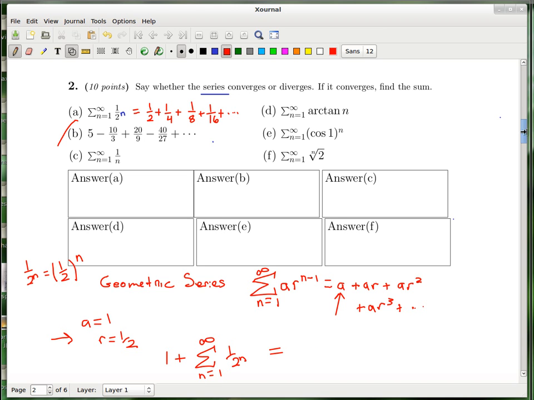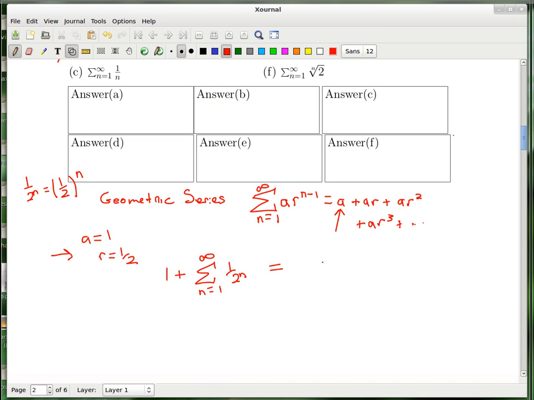This is the same thing as the sum n equals 1 to infinity of 1/2 to the n minus 1, and great. It's because this thing is playing the role of 1/2 to the 0.